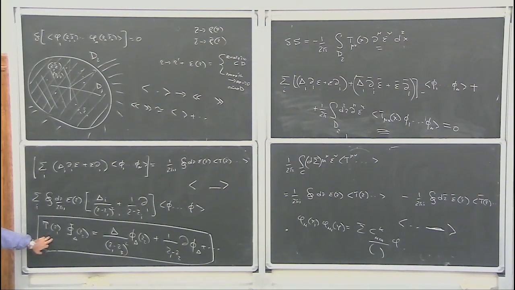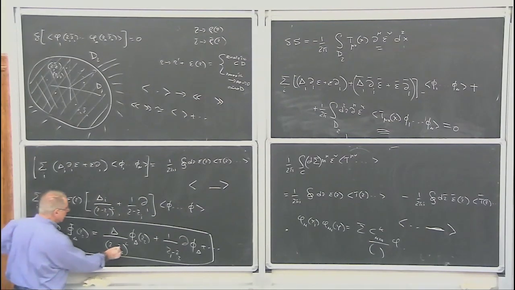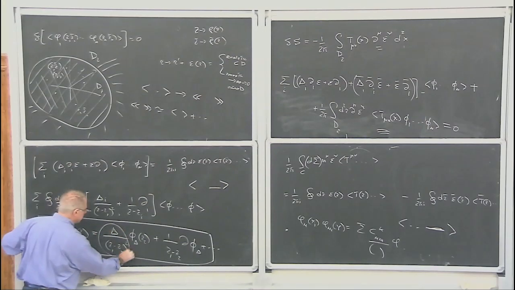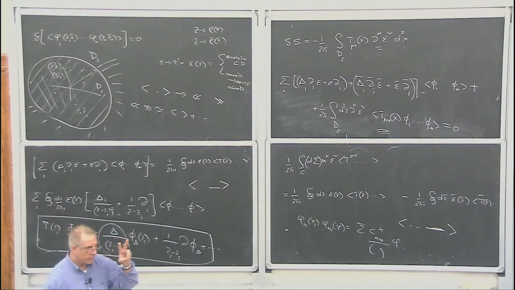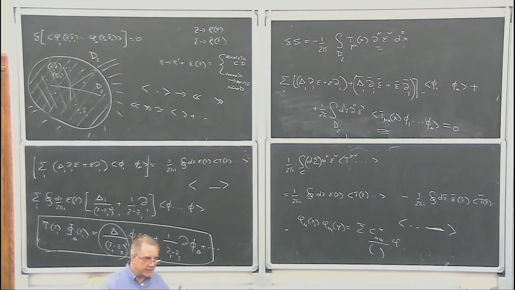Now, primary fields are those fields which are selected out by the fact that when you make an operator product expansion with the stress energy tensor, the pole that you get is the mildest possible, namely a second order pole. If you take an arbitrary scaling field and make the operator product expansion with the stress energy tensor, you might have a pole of arbitrary order. This is the main distinction. So a quasi-primary has the mildest operator product expansion compatible with everything.